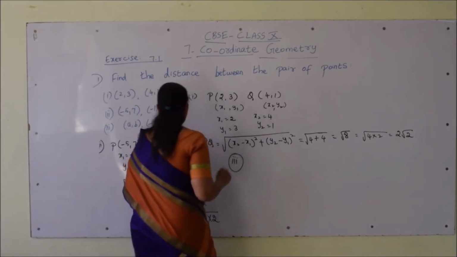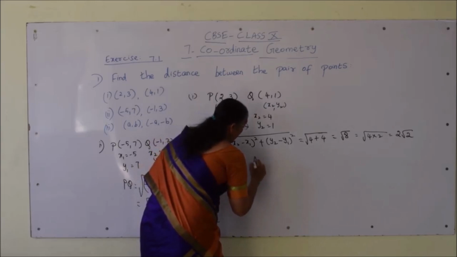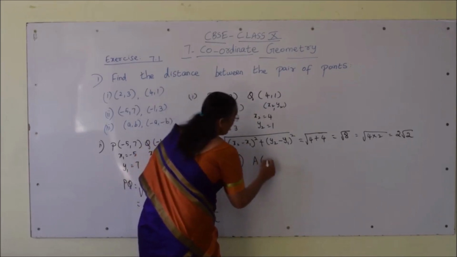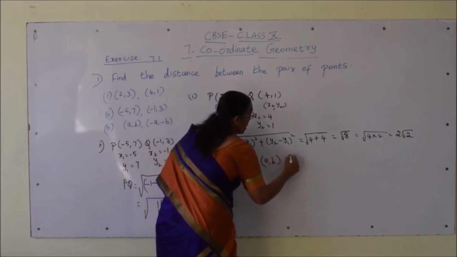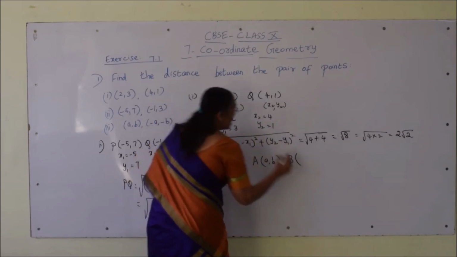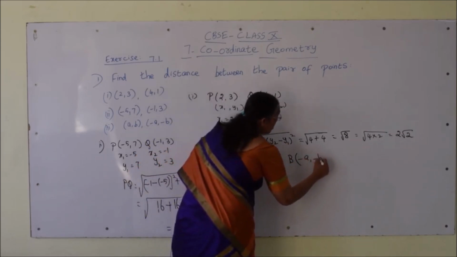In the third problem, let me consider the 2 points as A and B. A is given as (a, b) and B is given as (minus a, minus b).